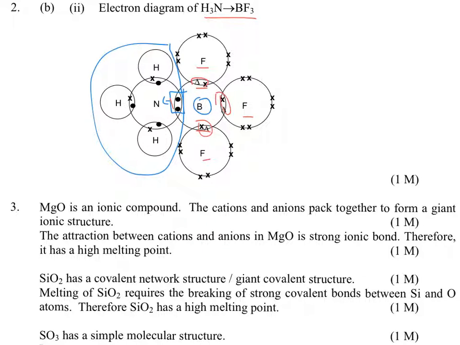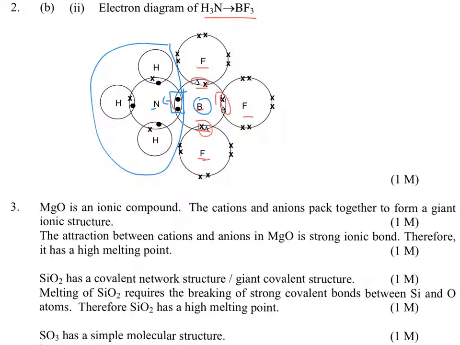And I make use of a cross or a triangle here because I want to distinguish the bond pair between boron and fluorine, and also the dative bond between the boron and nitrogen. You need to use different electron symbols for the lone pair and the bond pair.